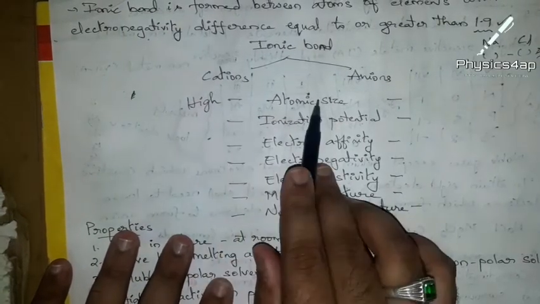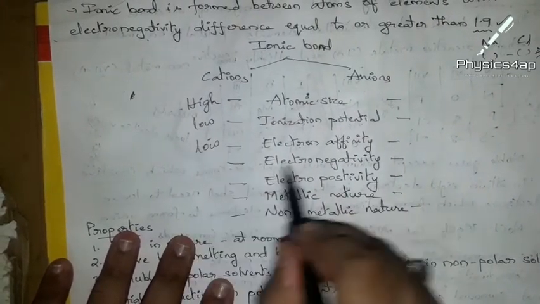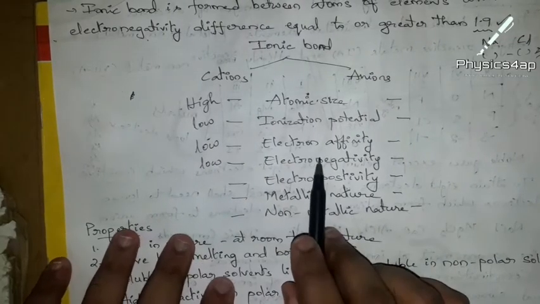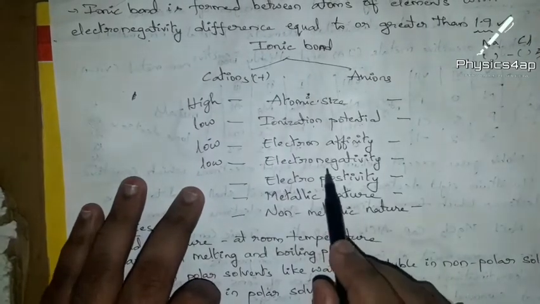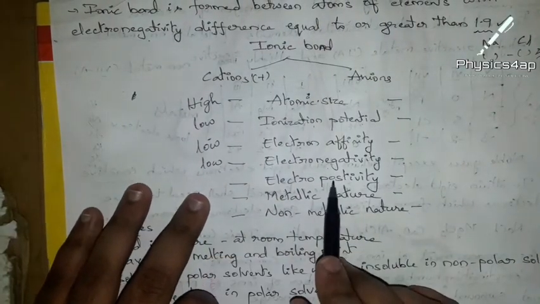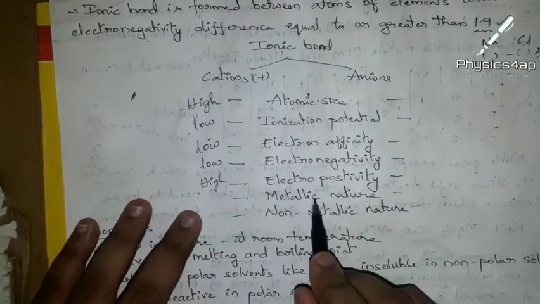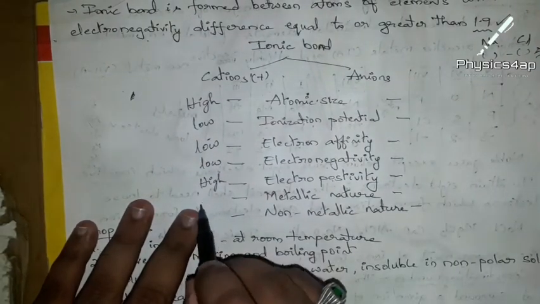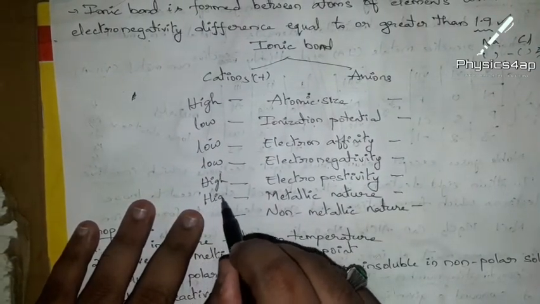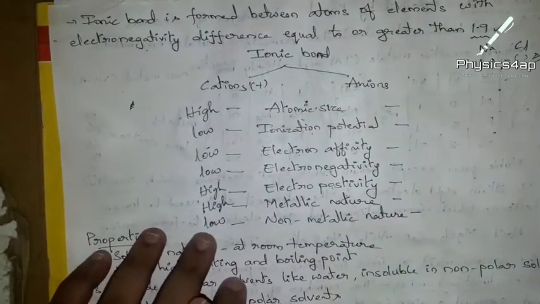They should have low ionization potential, low electron affinity and low electronegativity, as cations are nothing but positive charges, so the negativity value should be low. Electropositivity should be high. As we have said, all the cations which lose electrons have a metallic nature, which is also high. And the non-metallic nature for the cations should be low.